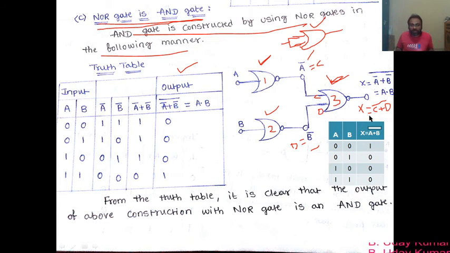Now if I substitute C is equal to A bar in this logical equation and D is equal to B bar, in place of C I substitute A bar and in place of D I substitute B bar, I get (A bar plus B bar) whole bar. You also remember De Morgan's theorems, right? Even from there, I get this value as A dot B. But anyway, this entire value will be equal to A dot B. We will try to understand that with the help of the truth table. That's it.